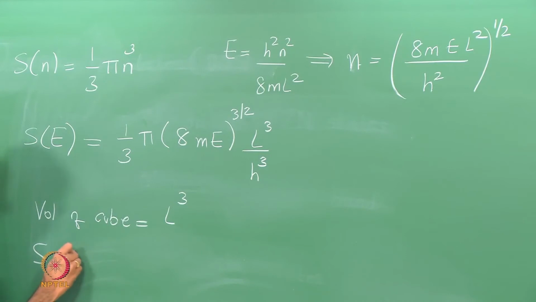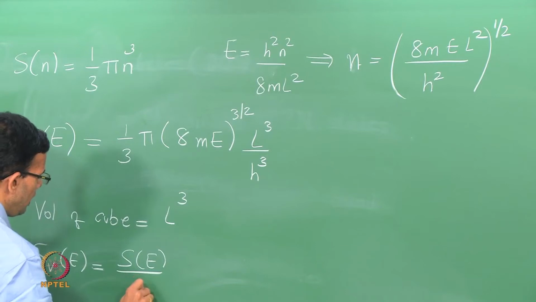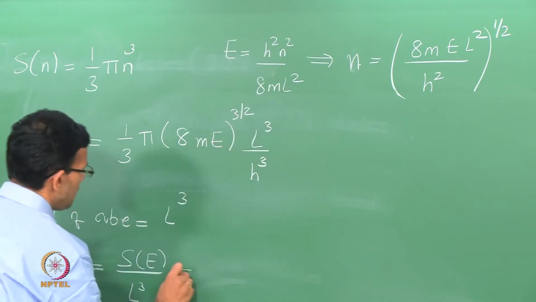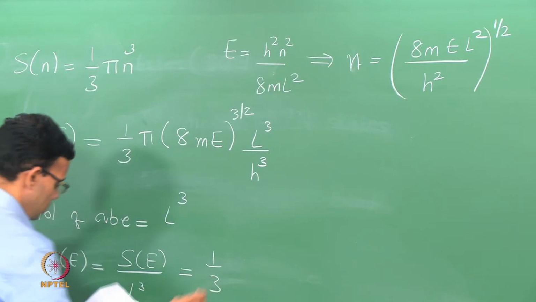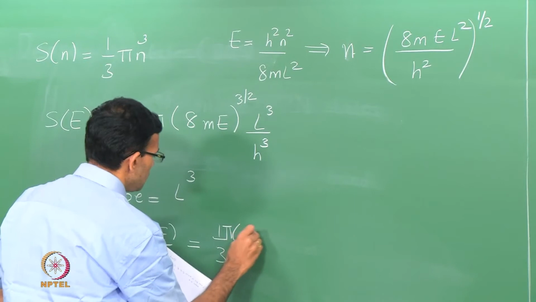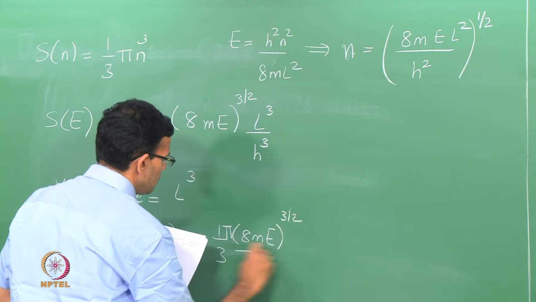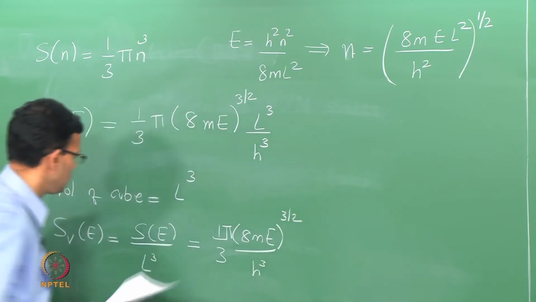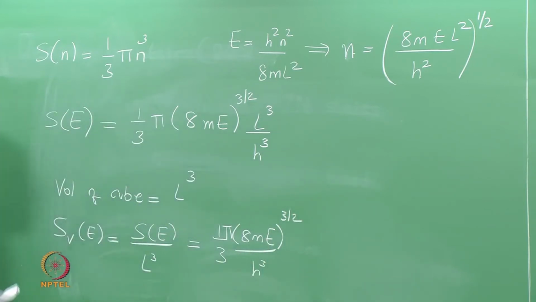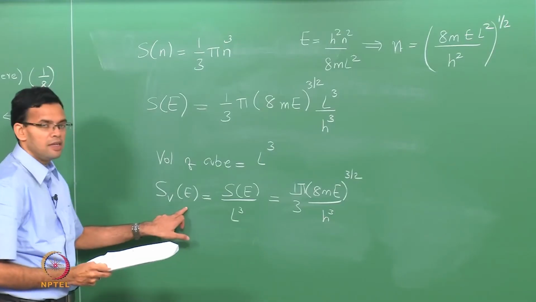So, the number of states per unit volume, which we denote as S subscript V in energy, is nothing but S of E over L cube, which will take this expression out. So, this gives the total number of states per unit volume having energy less than E.